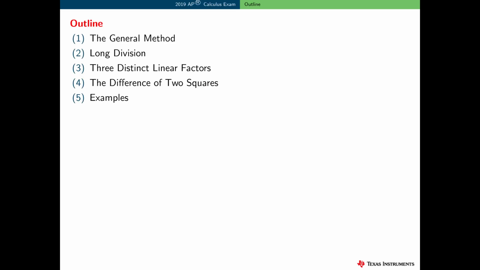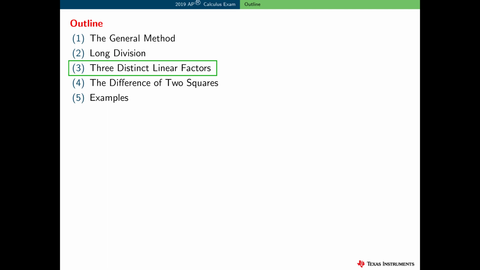Here's an outline of the information presented in this video. I'll start by reviewing why we need this technique of integration, and then present the general method or theory of partial fraction decomposition. I'll briefly remind you about long division involving rational functions, and how that procedure is related to partial fractions.